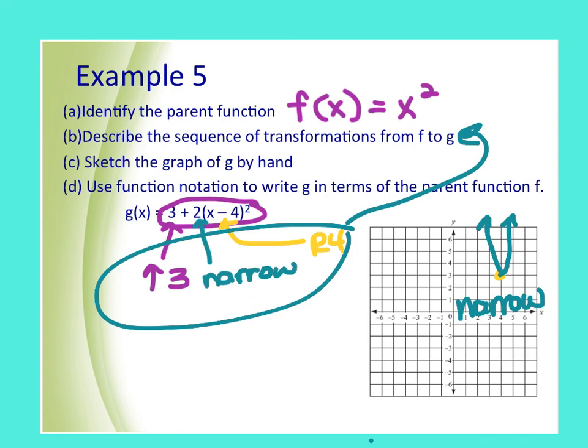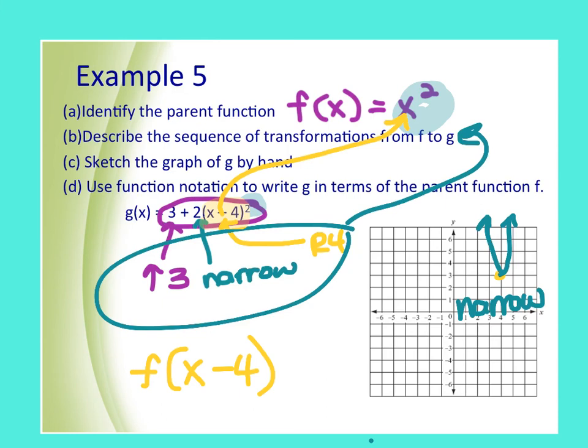And then D says use function notation to write g in terms of the parent function f. So basically, we want to replace the squared with this because I already identified that x is squared. What I need is that this x minus 4 gets plugged in there so that x minus 4 is squared. But instead of writing the square, I write it as f of x minus 4.